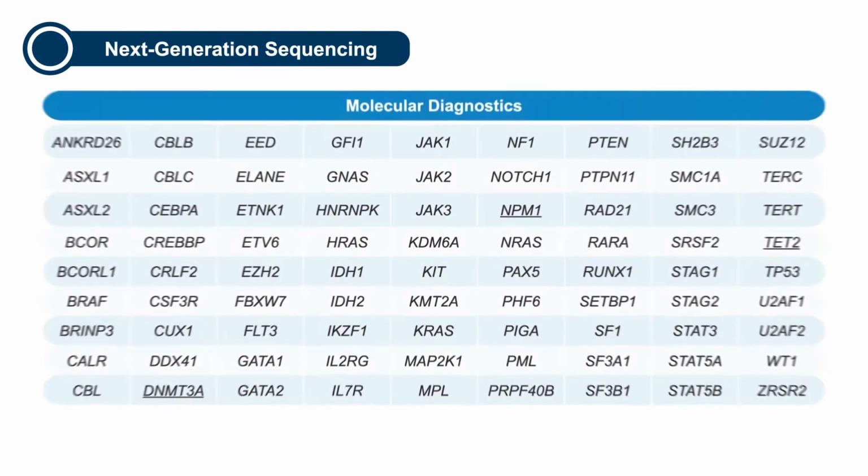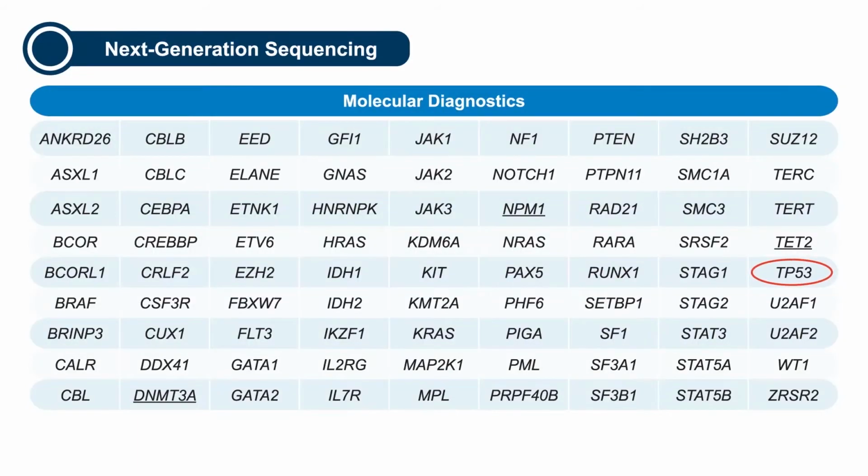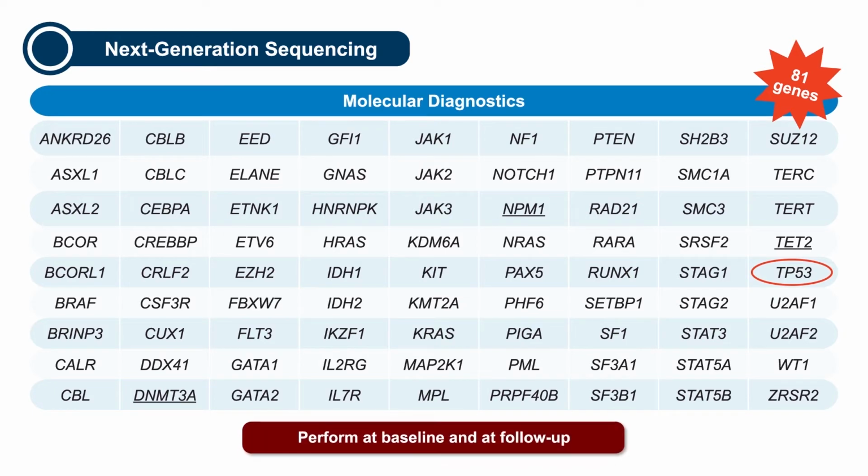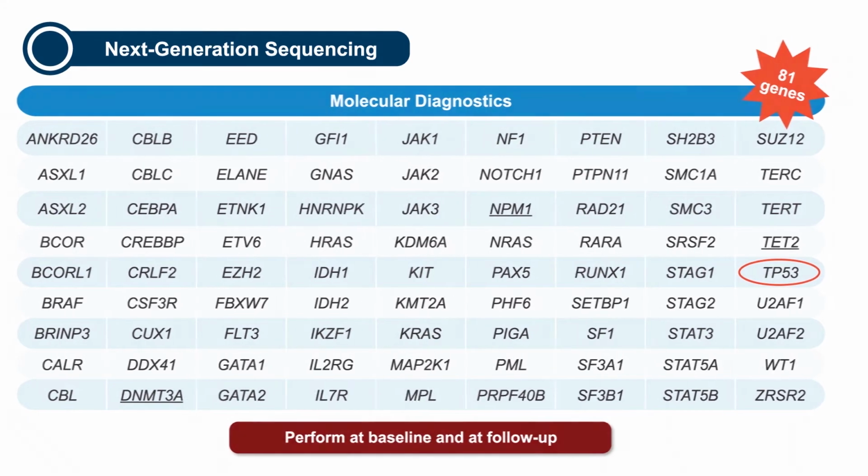At our institution, next-generation sequencing is performed on every patient who presents with a myeloid neoplasm, including acute myeloid leukemia. We have an 81 gene panel that we evaluate carefully on every patient. We obtain data at baseline, and we also obtain data at follow-up.